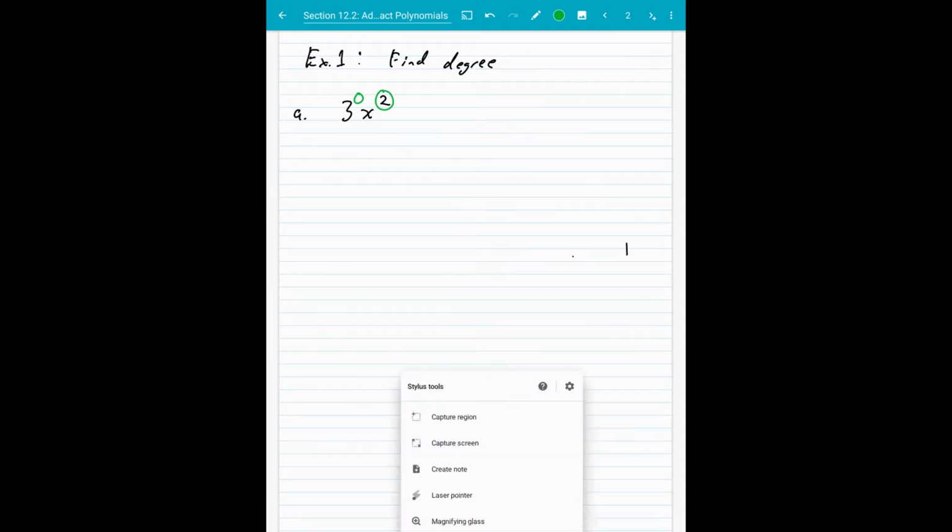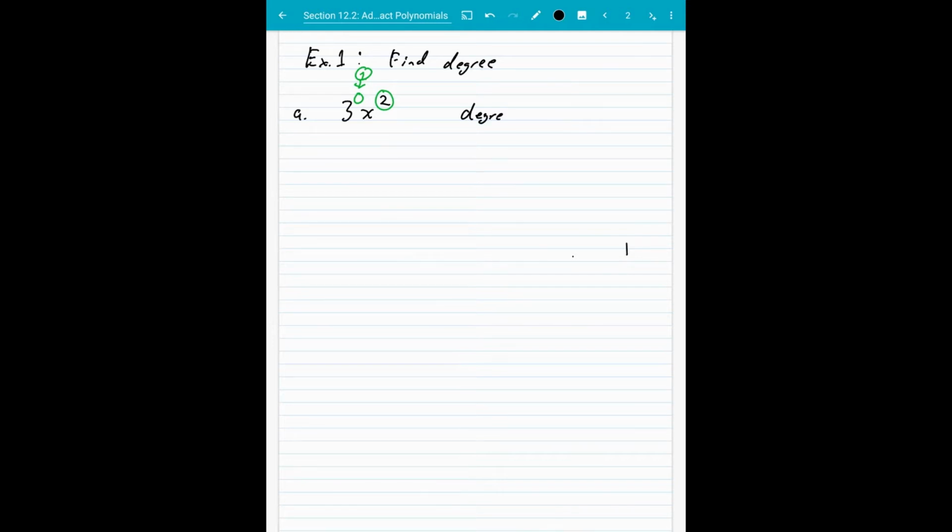The exponent for the 3 right here is going to be a 1. We always write this as a 1 in the exponent. And we want to look for the highest one out of all of them. So out of the 1 and the 2, the highest degree would be the 2. So we would say this is a degree of 2.